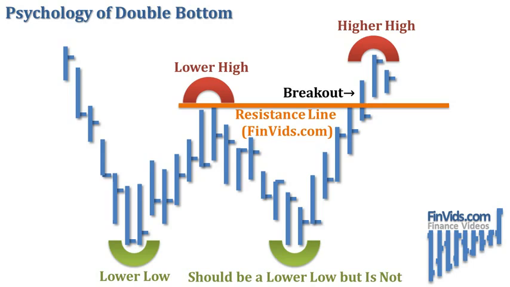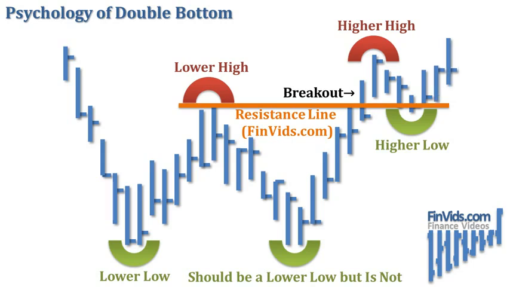So now we have a higher high, which is part of the definition of an uptrend. And after prices bounce off the old resistance and move higher, they create a higher low, which is the other portion of the definition of an uptrend.